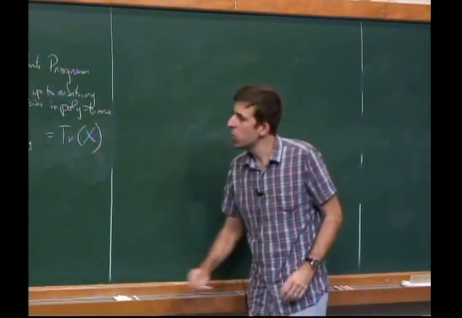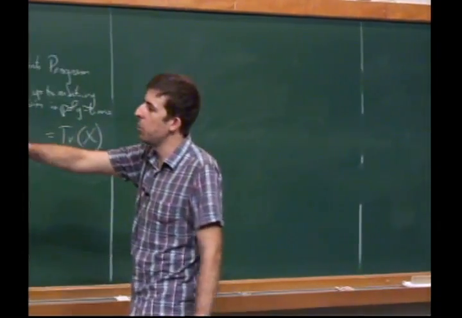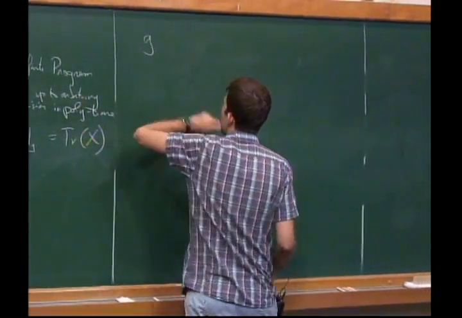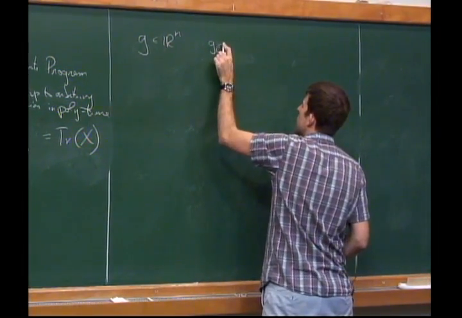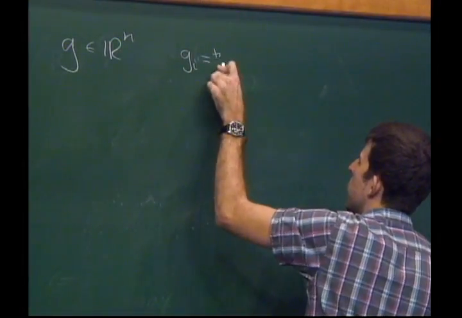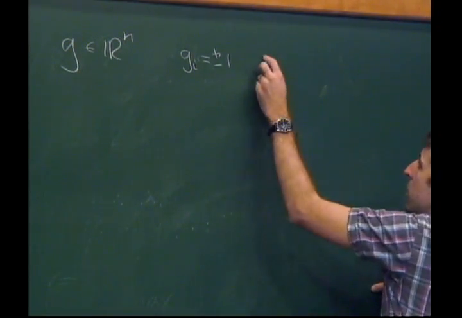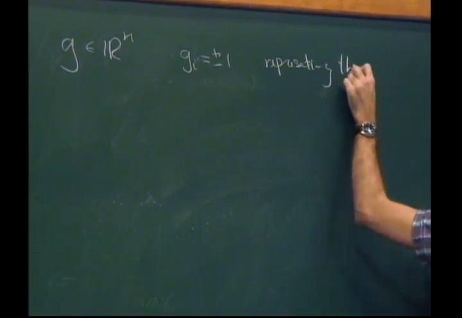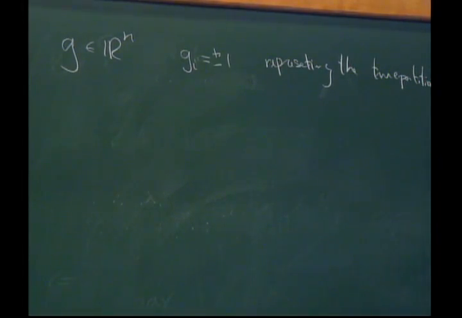Okay, and so what we're going to show, in fact, is about the optimal solution, the actual partition. So let me define g as a vector, with g_i equal to plus or minus 1, that represents the true partition. And so what is the objective?